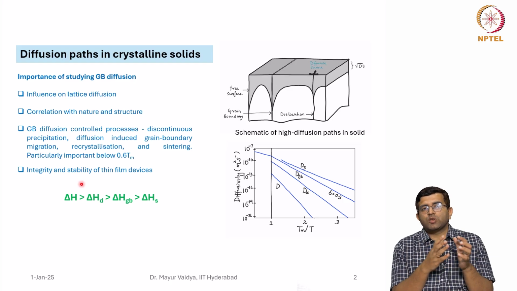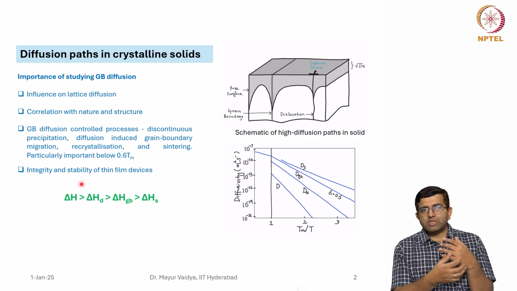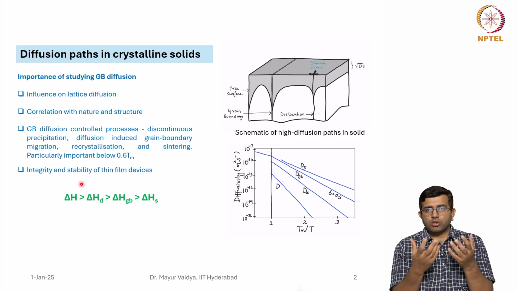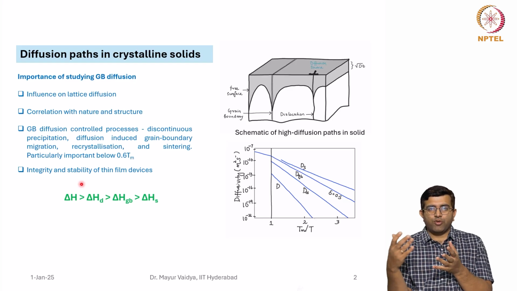So, if the diffusivities along these grain boundaries are high enough, then the presence of the grain boundary can lead to formation of detrimental phases or growth of these thin films sometimes to an undesirable extent, which can influence the integrity and stability of the thin films, and ultimately it will affect the performance of your device.